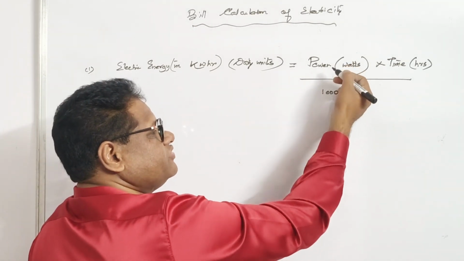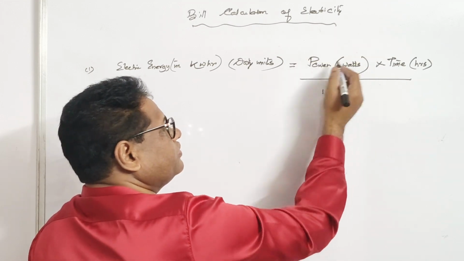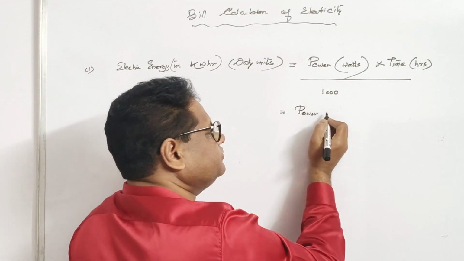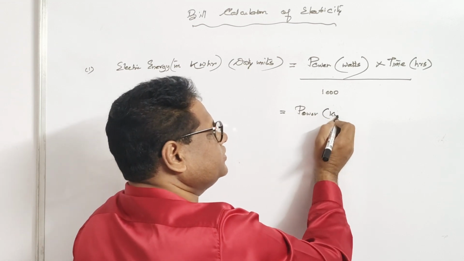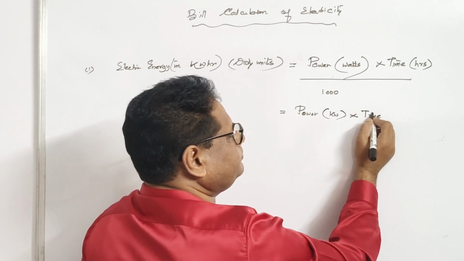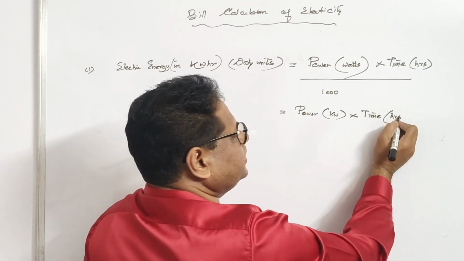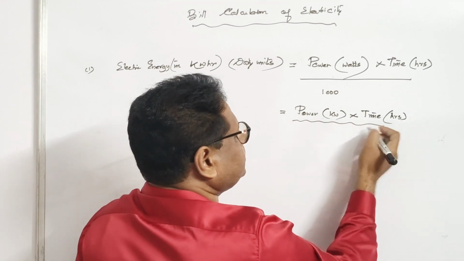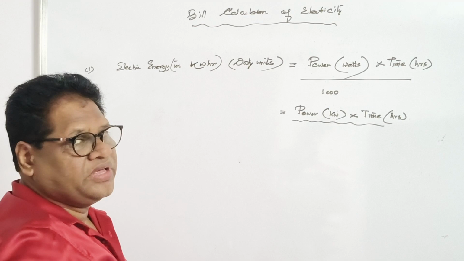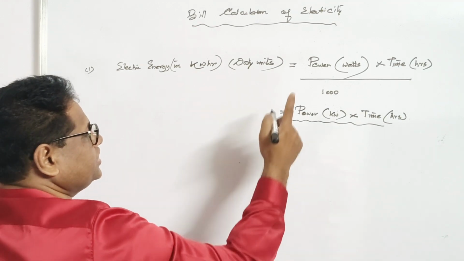Because power in watts divided by 1000 becomes power in kilowatts. This could also be expressed as power in kilowatts multiplied by time in hours. This is how the unit comes, kilowatt hour, the commercial unit of electric energy. This is step 1.